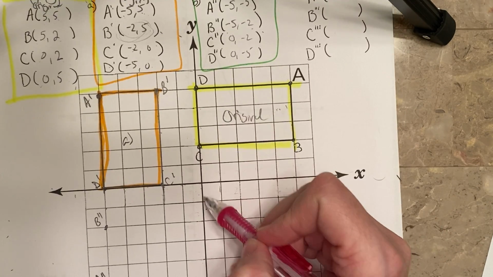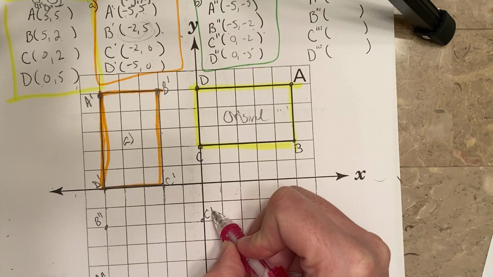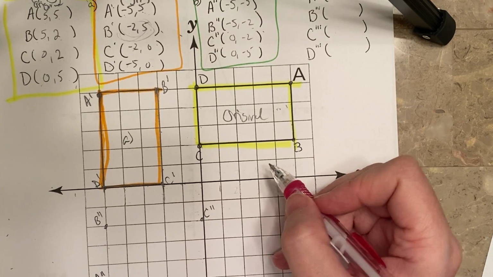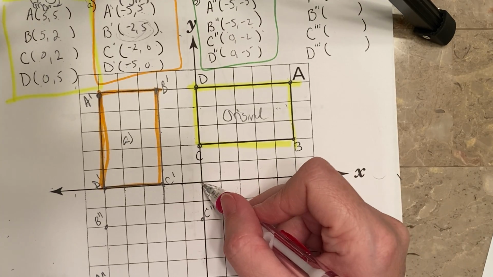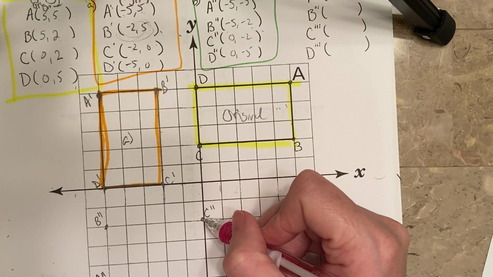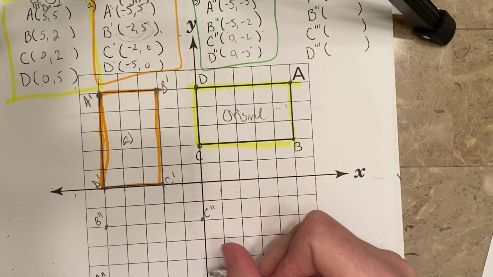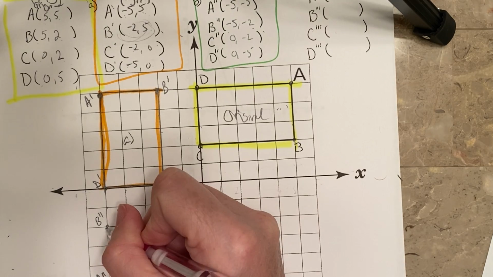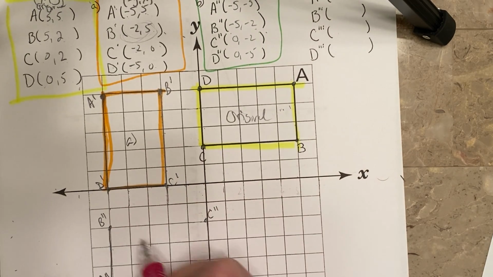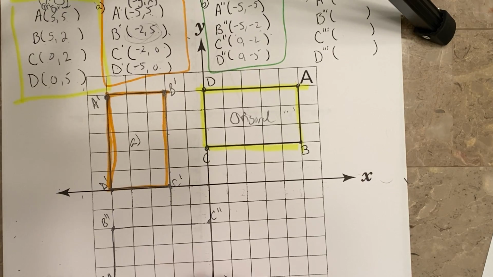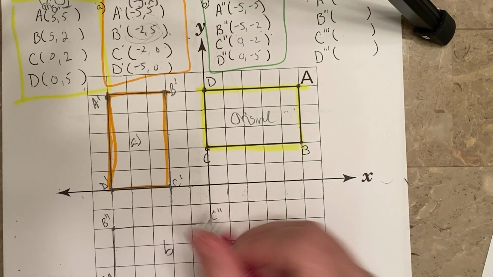So 0, 2 down is negative 2. And then 0, negative 5, 2, 3, 4, 5. That's going to be D double prime. Okay, we're going to connect those dots. And that's part B.